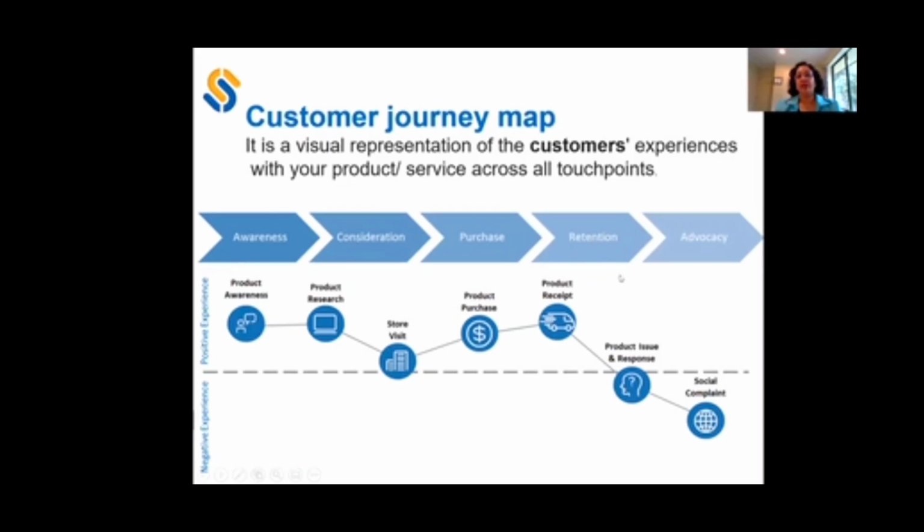And then how they use it and what they feel about it while using it, while disposing the packaging. And finally, advocacy. That is, will they recommend the product or the service?